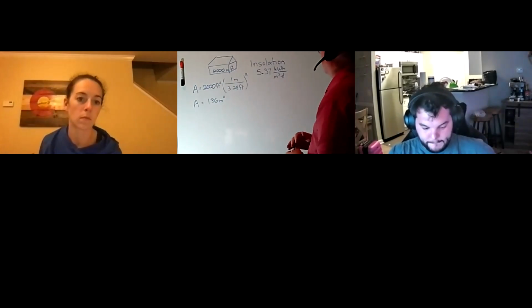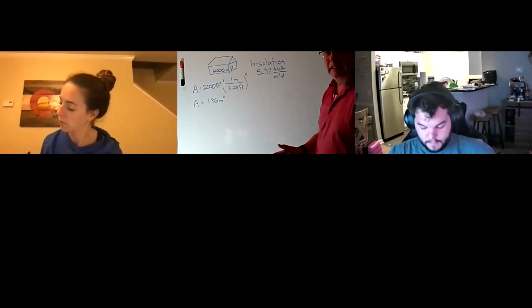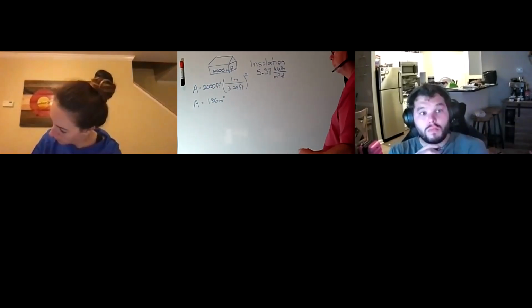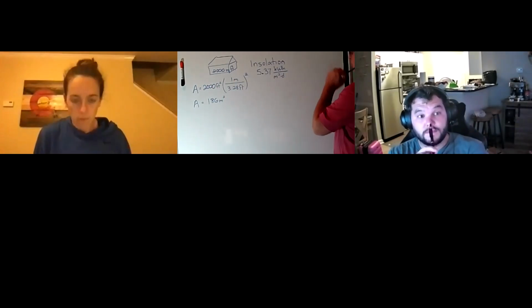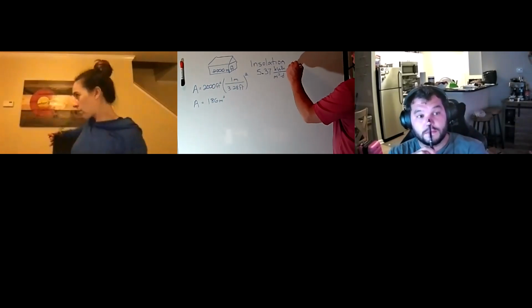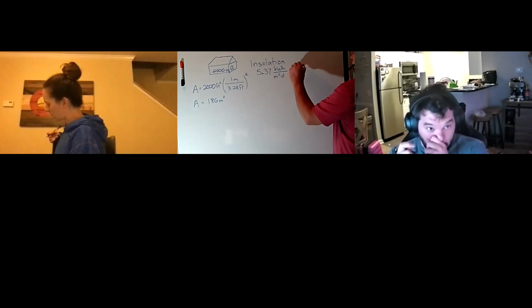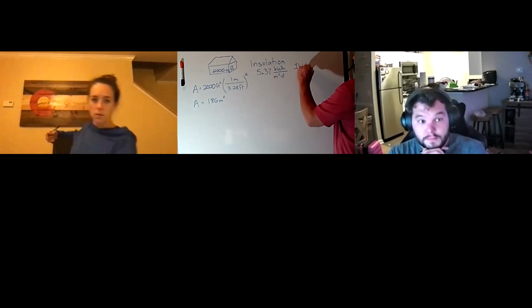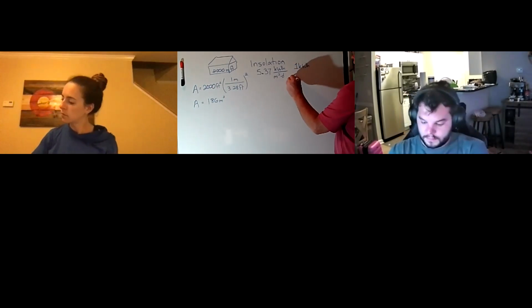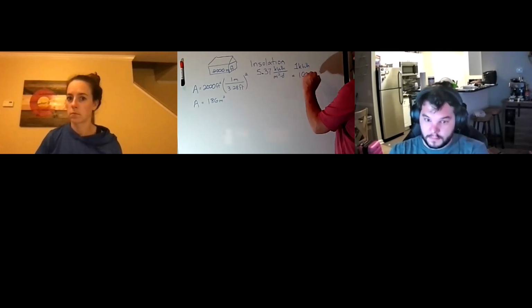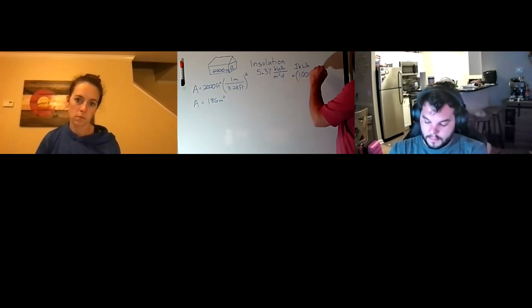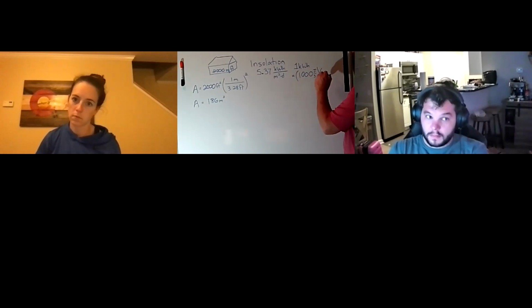Great. Now, what's this kilowatt hour thing? One kilowatt hour is a unit of energy. So that's equal to having 1,000 watts, or 1,000 joules per second, and having it on for an hour.